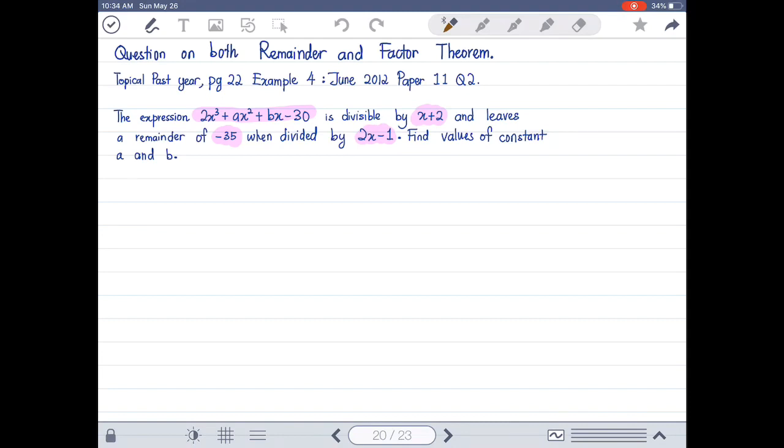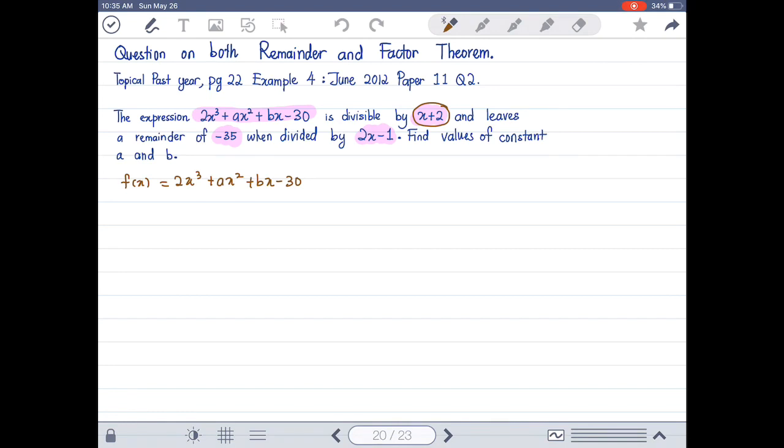Okay. First, we have polynomial f(x) equals 2x to the power of 3 plus ax squared plus bx minus 30. Since 2x to the power of 3 plus ax squared plus bx minus 30 is divisible by x plus 2, which means that x plus 2 is a factor.